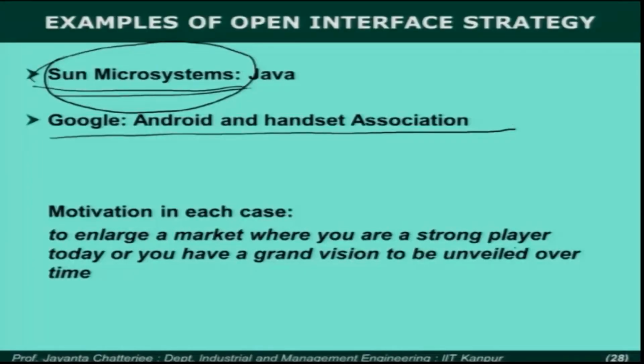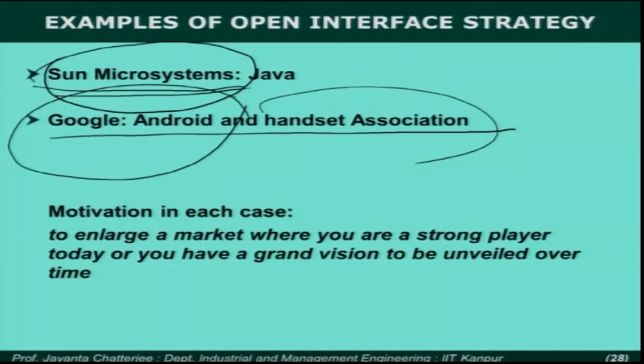operating system. And sometimes companies use this for some kind of a grand vision that is not easily understandable right in the beginning, but as it keeps on expanding today, as you can see, with the high dominance that has been created by the Google Android and Handset Association collaboration, you can now see the different ways they are now trying to approach the requirements which were earlier fulfilled by laptops, and they are snatching that market away, and the laptop sales are declining, and the smartphones and the tablet phones, based on this Google Android and the Handset Association collaboration, it is rising.